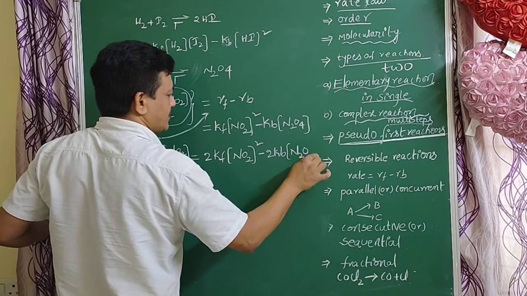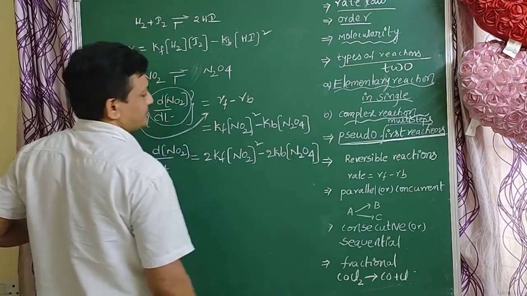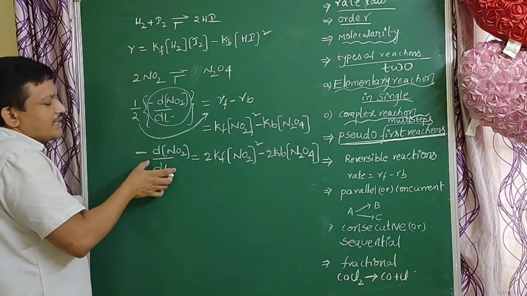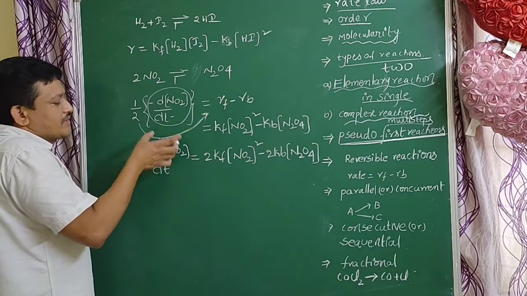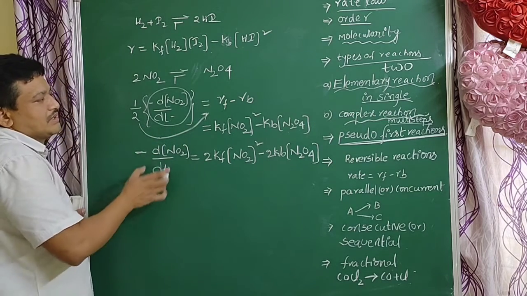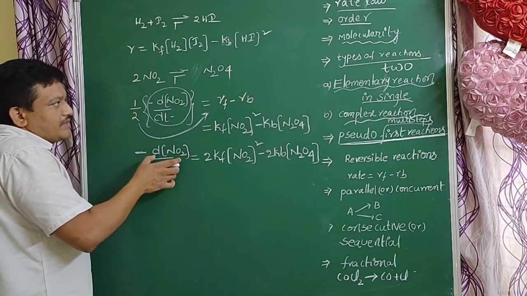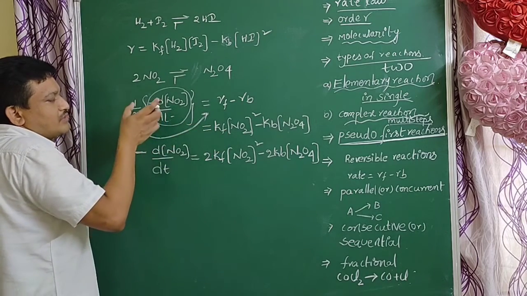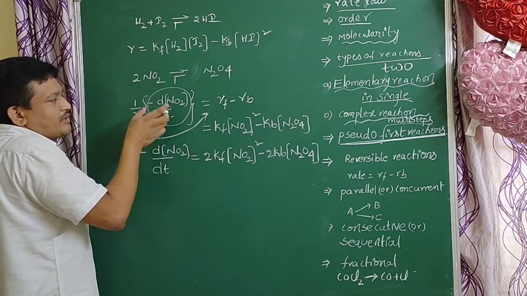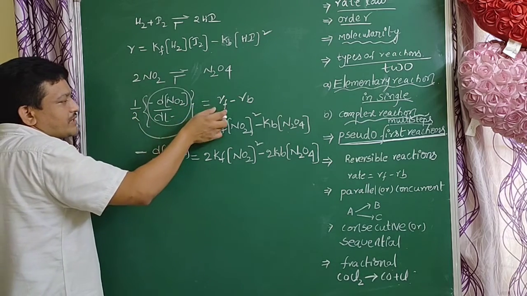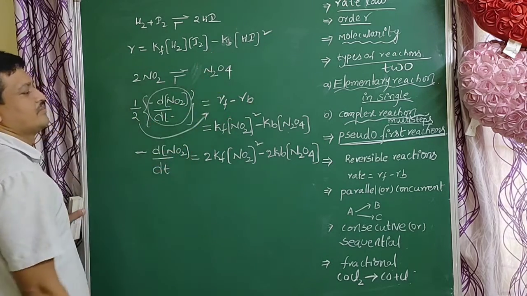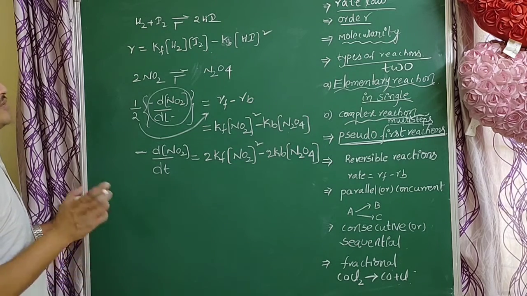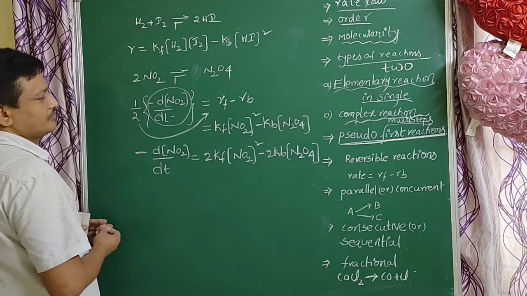This example is very important. This is not the rate, this is the rate of disappearance of NO2. This is the rate of reaction. So rate of reaction equals, per reversible reaction, forward reaction minus backward reaction.